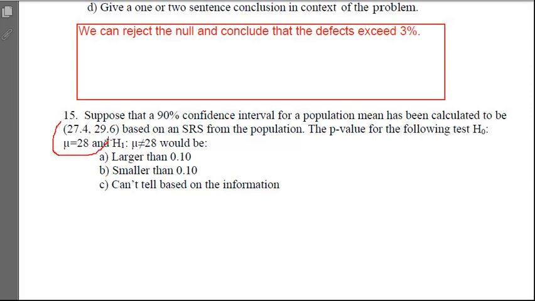And so this is consistent with the null hypothesis because 28 is inside those numbers. And if it's consistent with the null hypothesis, our p-value would be large because we would not want to reject it.